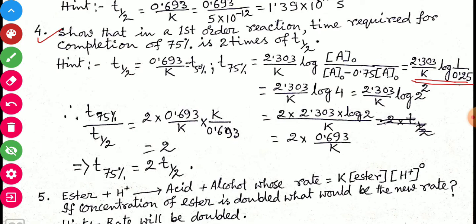We get 2 into 0.693 by k, and we know 0.693 by k is t half, hence t 75% equal to 2 times of t half.